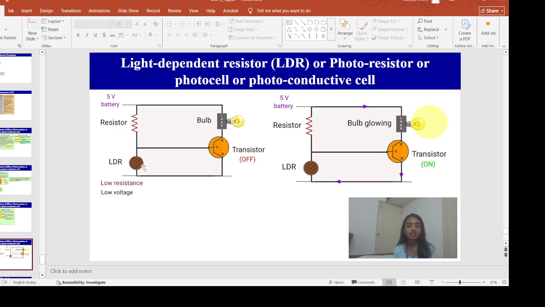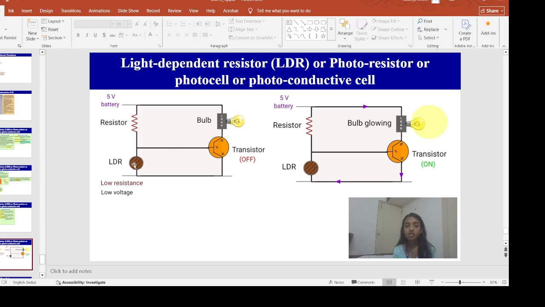Why? Because in that case, the excited electrons have enough energy to jump to the conduction band, where they are able to carry more current. So if the conductivity of the LDR is increasing, obviously the resistance of the LDR will be low. If the resistance of this LDR is low, that means the voltage across the LDR will be low.